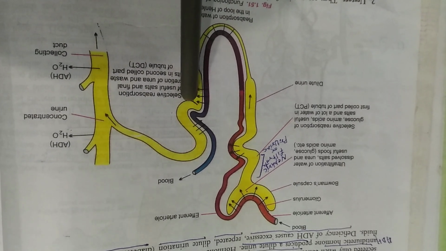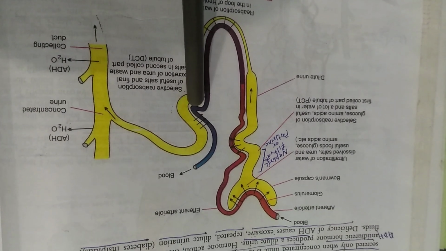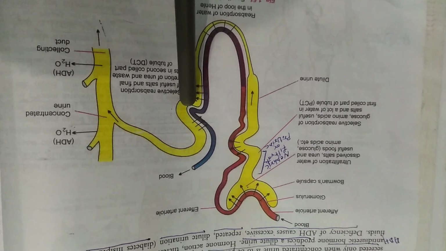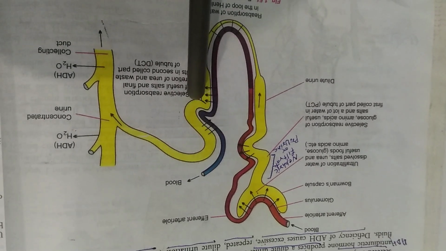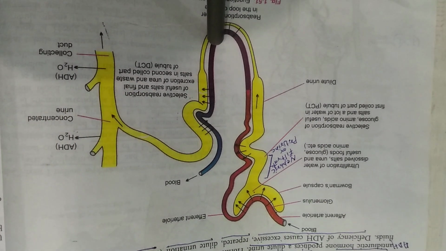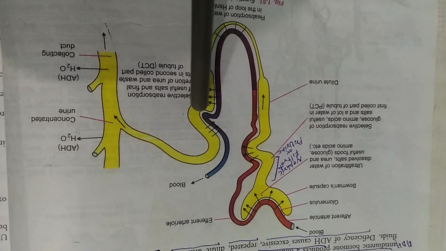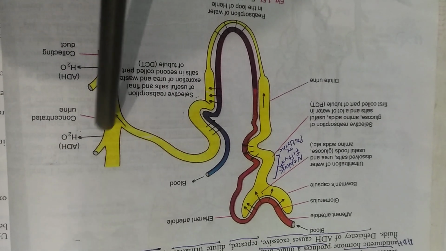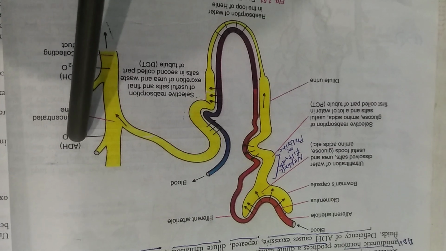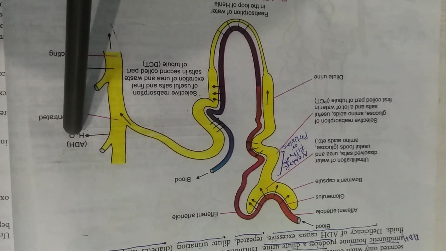Now concentration of urine. 75% of the water content of nephric filtrate is reabsorbed in the PCT. Some 10% of water is reabsorbed in the loop of Henle, and further concentration takes place in the collecting duct where ADH or antidiuretic hormone is secreted. This ADH is also called vasopressin.